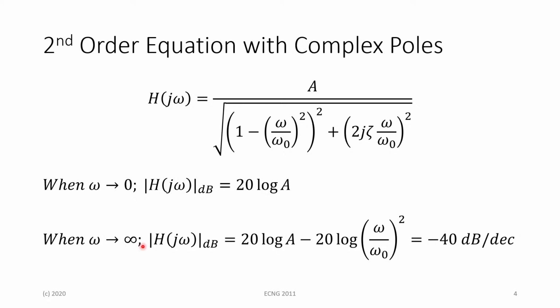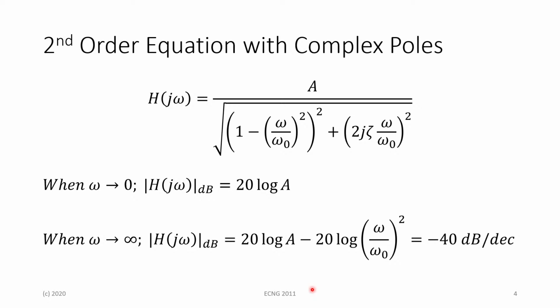When omega approaches infinity, on the other hand, that means that the entire equation, when we take the logarithm of it, is going to be 20 log of a minus 20 log of omega divided by omega naught, all squared. And because of this square value here, that is going to represent that same effect that we saw in our first lecture, when we had powers of s on the denominator by itself.